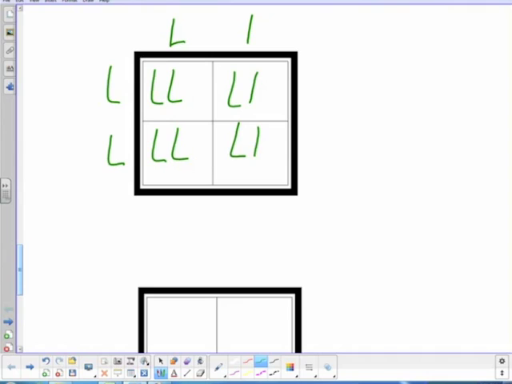Remember that, let's say this is LL. This is dealing with, oh, I don't know, let's say it's the length. Maybe it's the length of my hand. Okay, I have short, stubby hands or long length of my fingers, long fingers. Either way, the L's, the letters, are the genetic code.